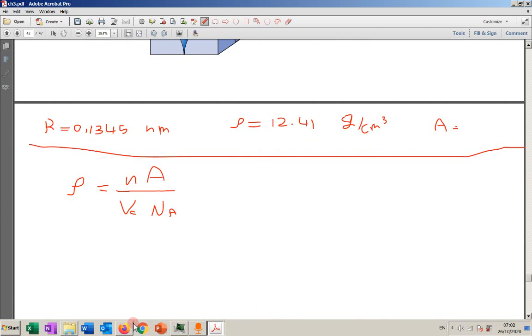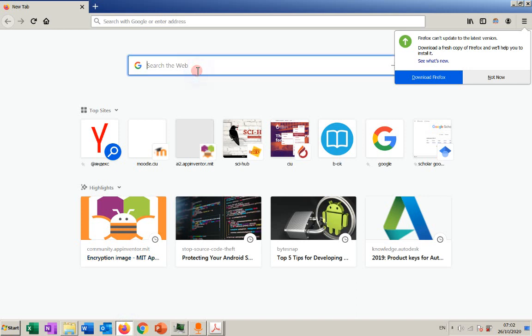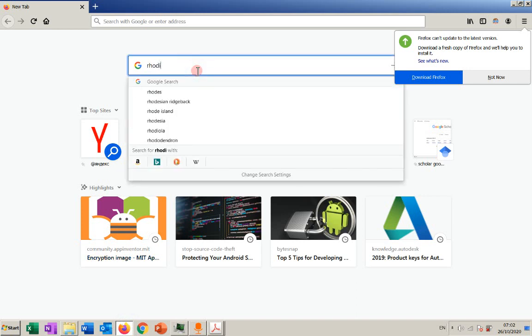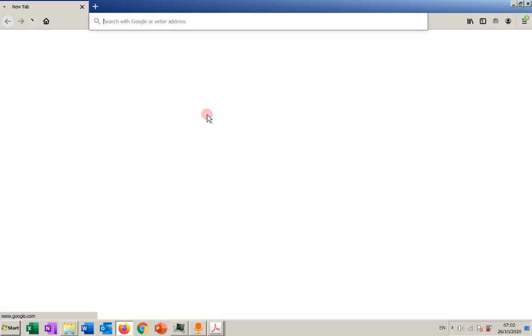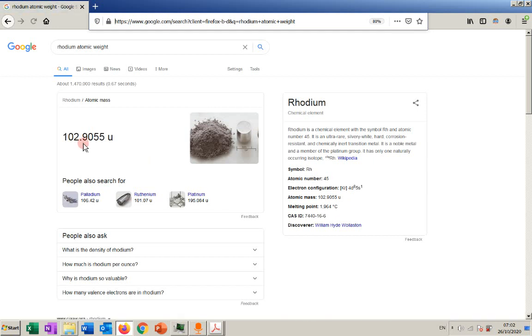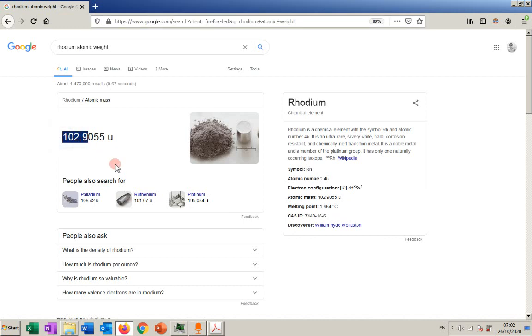Let's bring the atomic weight as well. Let's say for rhodium, 102.9 gram per mole.